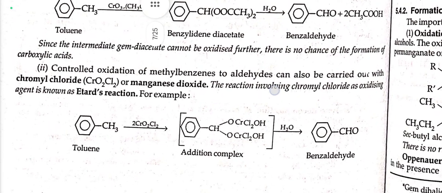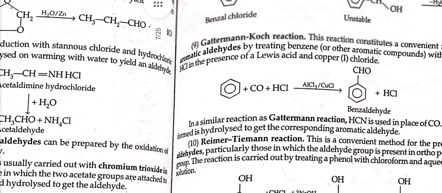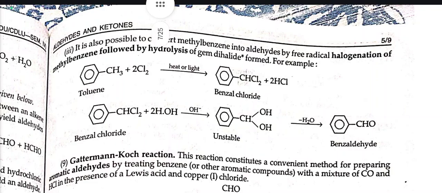Second method is controlled oxidation of methylbenzene to aldehyde, which can also be carried out with chromyl chloride or manganese dioxide. The reaction involving chromyl chloride as oxidizing agent is known as Etard's reaction. Third, it is also possible to convert methylbenzene into aldehydes by free radical halogenation of methylbenzene followed by hydrolysis of gem dihalide.